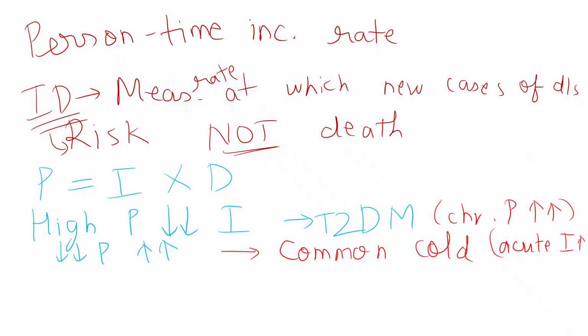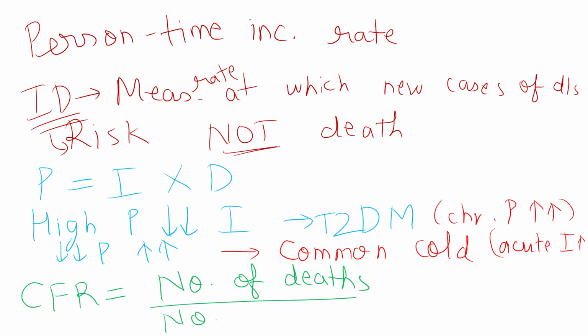Okay. Then talking about the case fatality ratio, also known as the CFR. This is basically defined by the number of deaths upon number of diseased cases. This basically reflects the severity.